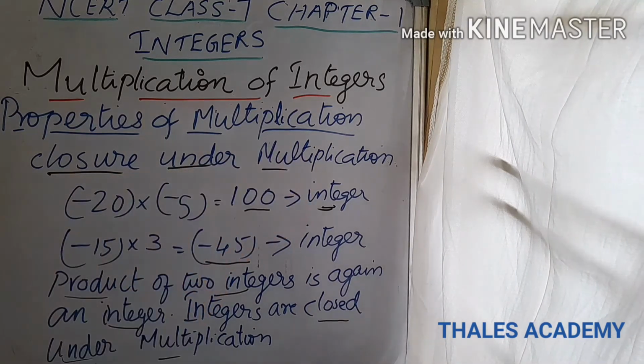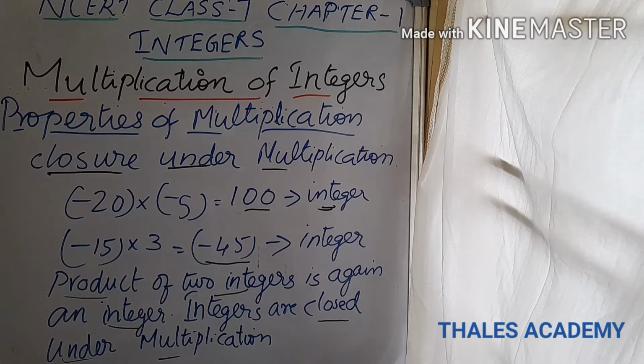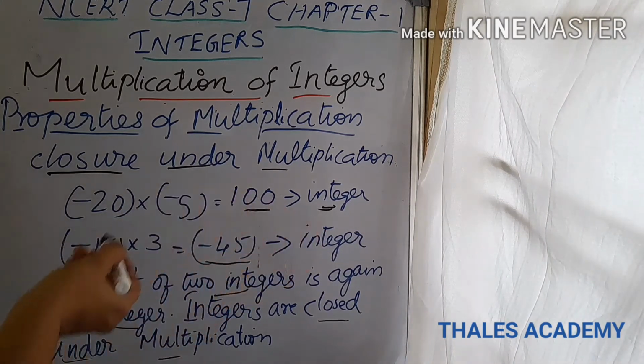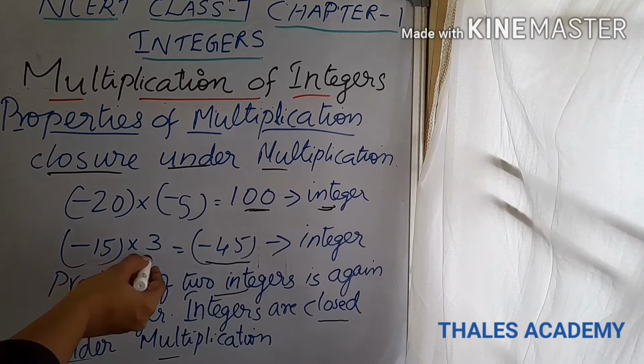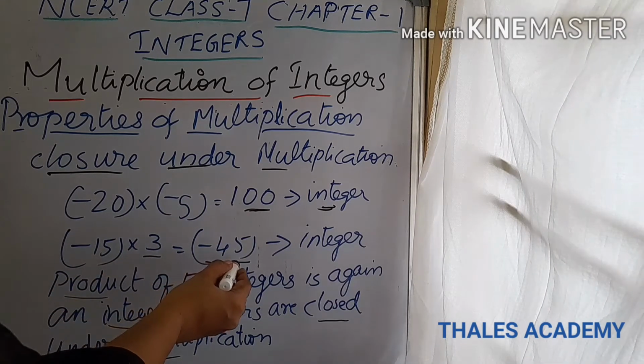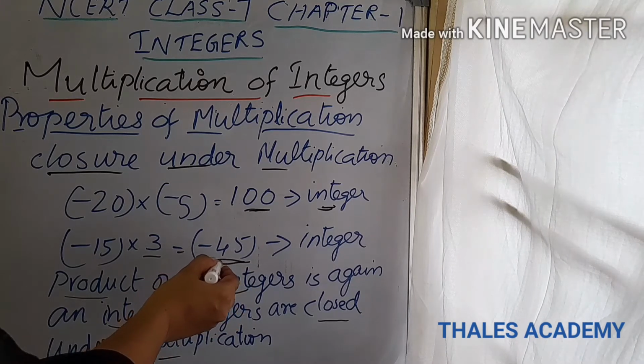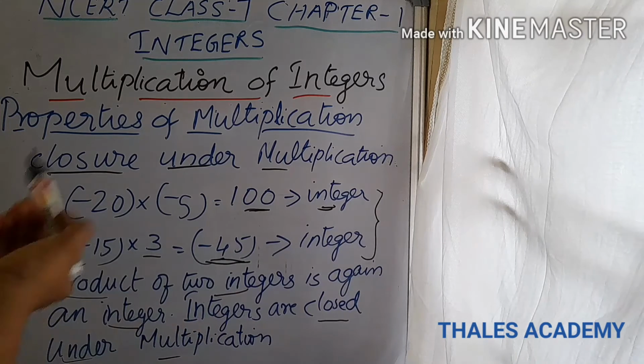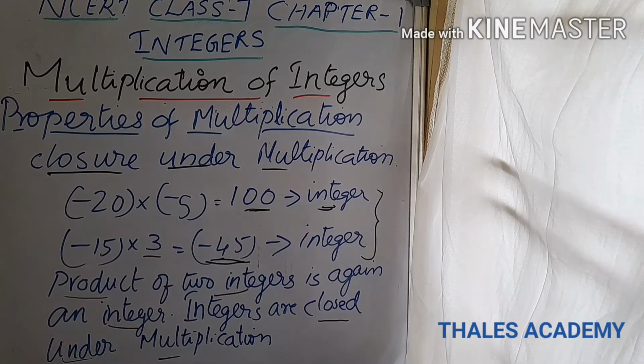Minus 20 into minus 5, we get 100. It is an integer. Here minus 15 into 3, we get minus 45. This is a negative integer, but it is still an integer. Negative or positive, it's also an integer.